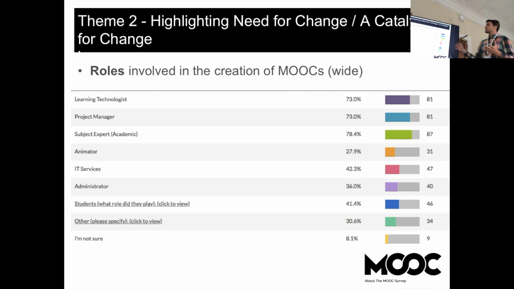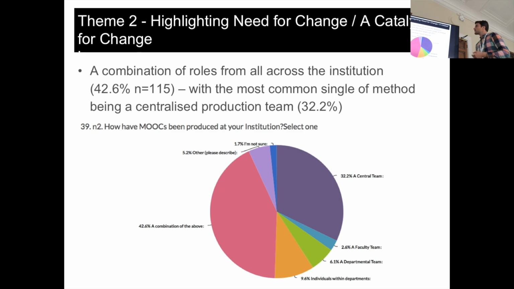And again, the roles involved in the creation of the MOOCs covered a large range of people, from students to project managers to subject experts. In terms of how they've been produced, it was a combination of different techniques: a central team, a departmental team, or just individuals or faculty level.